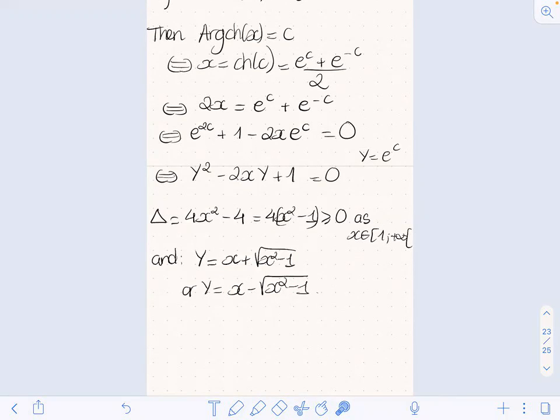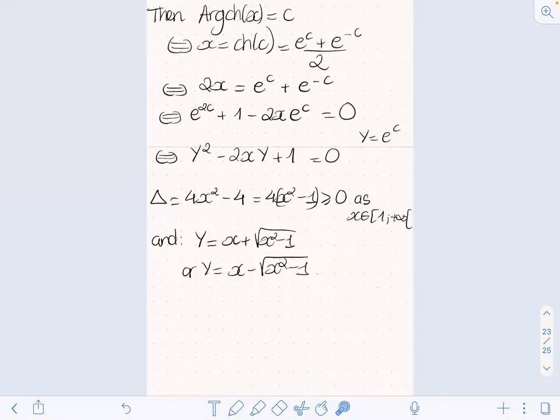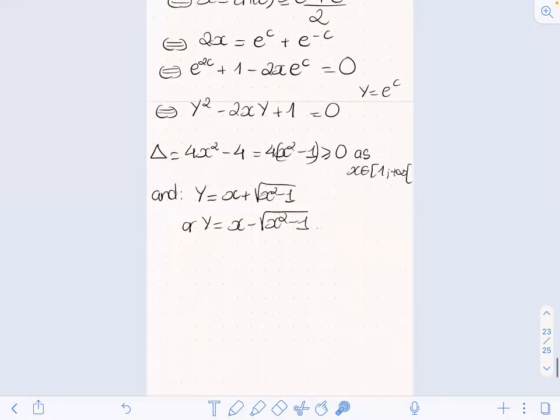Yeah, you're absolutely right. Both of them are positive, so it's not that clear this time. So this one's definitely positive because x is greater than 1. And this, you can reason with it and show that this is also positive. So we're a bit stuck here to find which one of these two solutions is the right one.